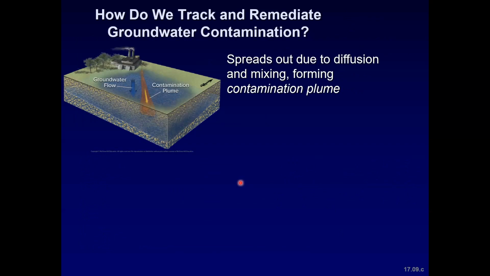So how do we track and remediate groundwater contamination? In this case, you have some kind of contamination plume from this building right here. Maybe it's an oil spill, okay? Groundwater is flowing toward us in this direction. It spreads out due to diffusion and mixing, and it forms a contamination plume.